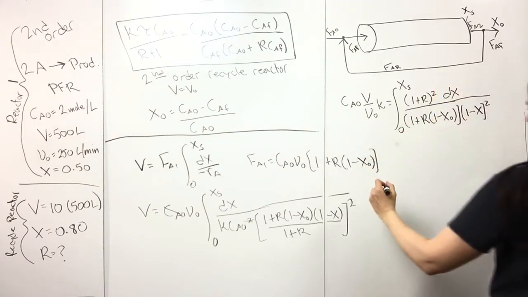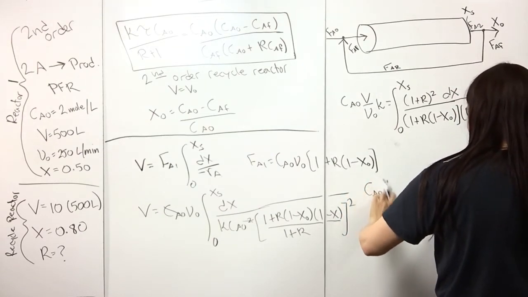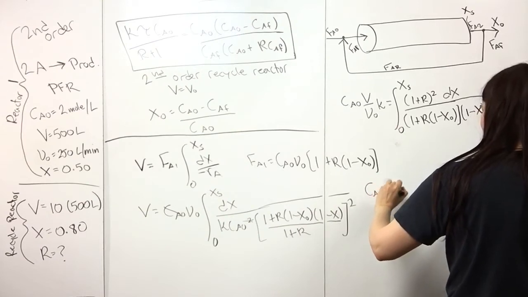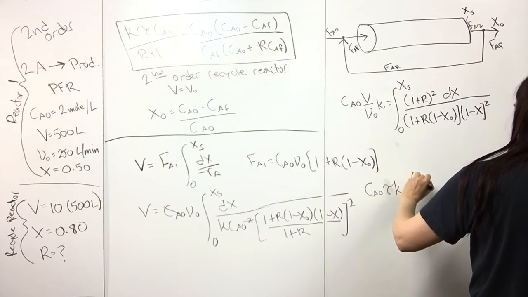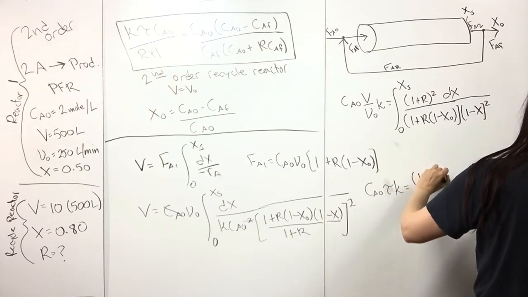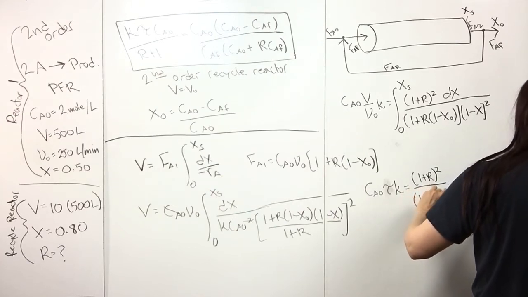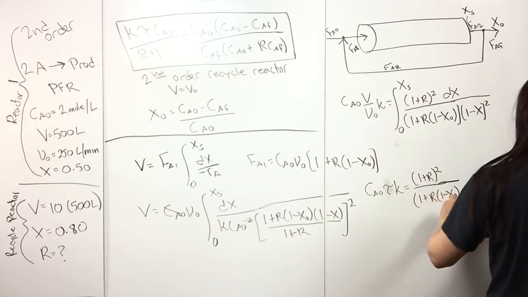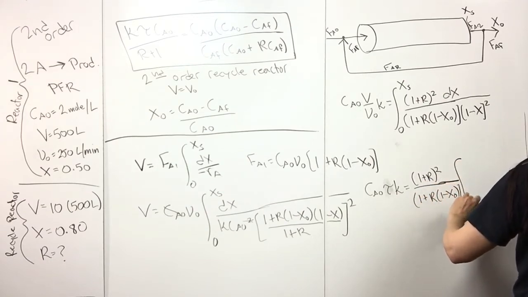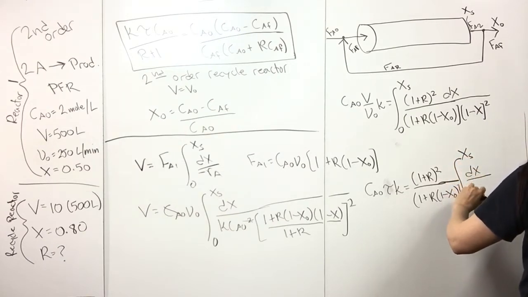Just rearranging this again, I'm going to rewrite V over V naught as tau. So CA naught tau K is equal to (1 plus R) squared over (1 plus R)(1 minus X naught) times the integral from 0 to XS of dx over (1 minus X) squared.